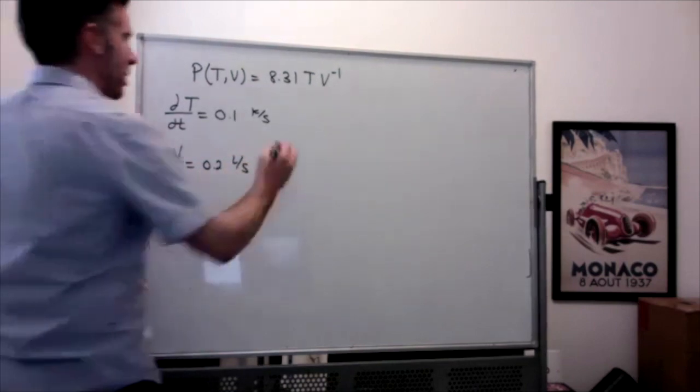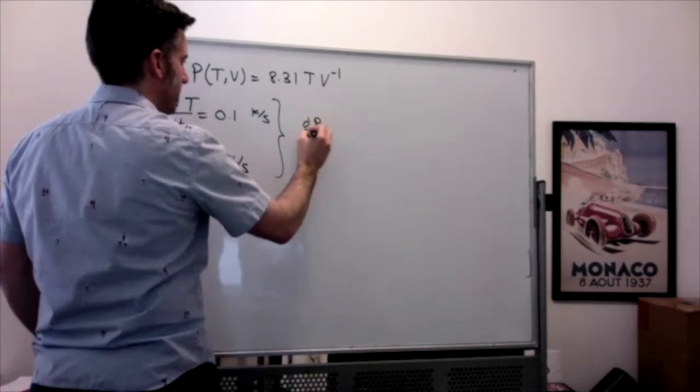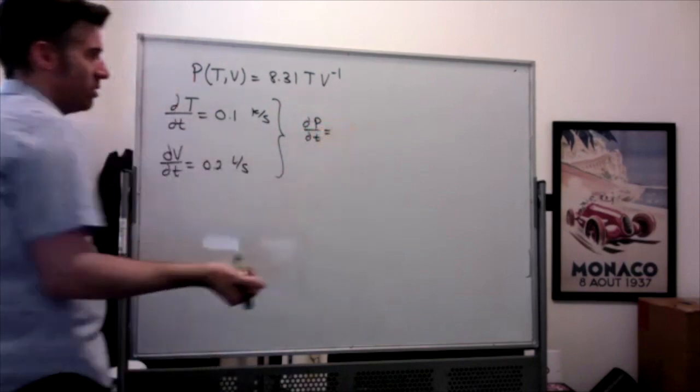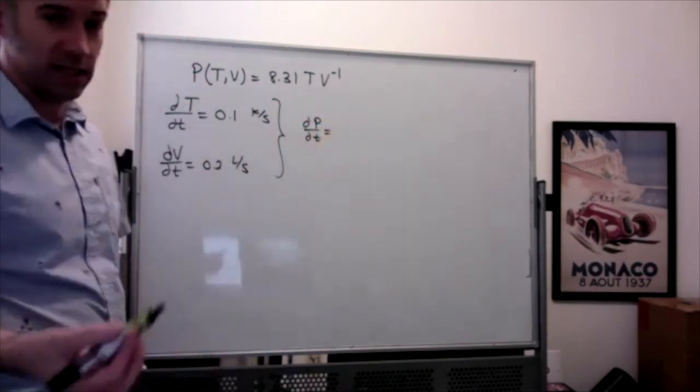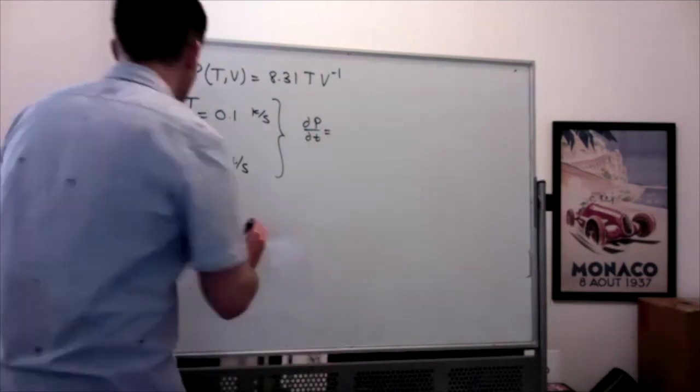And then we can use this to say that dP/dt is equal to, so again, the formula before was del P del V. So let's write those down here.